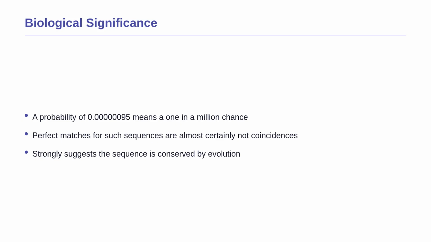Therefore, if we search GenBank and do find a perfect match for this sequence, it is almost certainly not a coincidence. It strongly suggests that the sequence has been conserved by evolution because it serves a vital biological function in the organism. This is how mathematics directly validates biological discoveries.